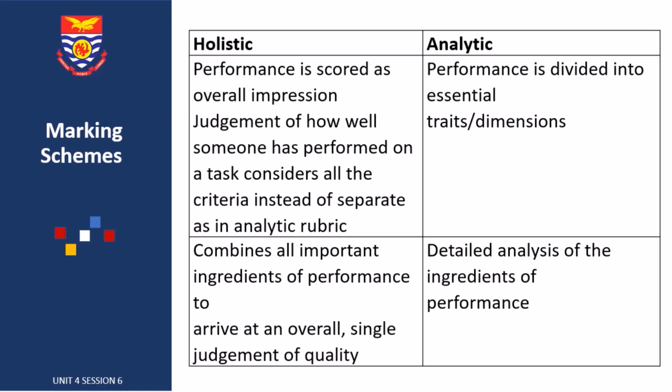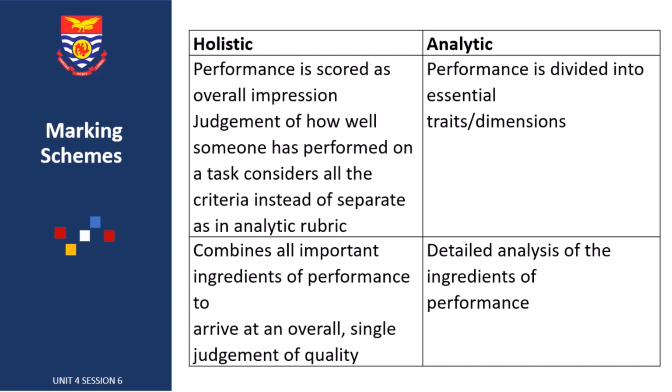So we look at the differences between the two, holistic and analytic. In holistic, performance is scored as an overall impression, a judgment of how well someone has performed on a task. It considers all the criteria together instead of separately as in analytic, where the performance is divided into essential traits or dimensions.